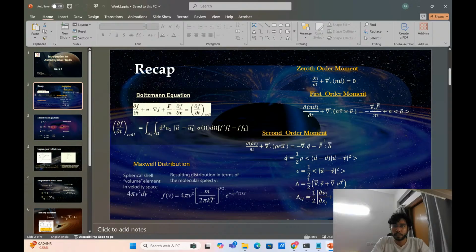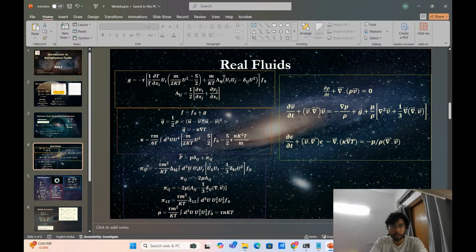So this pressure tensor will be a three-dimensional matrix, a 3 cross 3 matrix. Earlier it was just P delta ij, so the diagonal terms are just P, and the off-diagonal terms are zero. But if the distribution is not Maxwellian, there will be some non-zero off-diagonal terms as well, which we denote over here as pi ij. But we'll come to that.